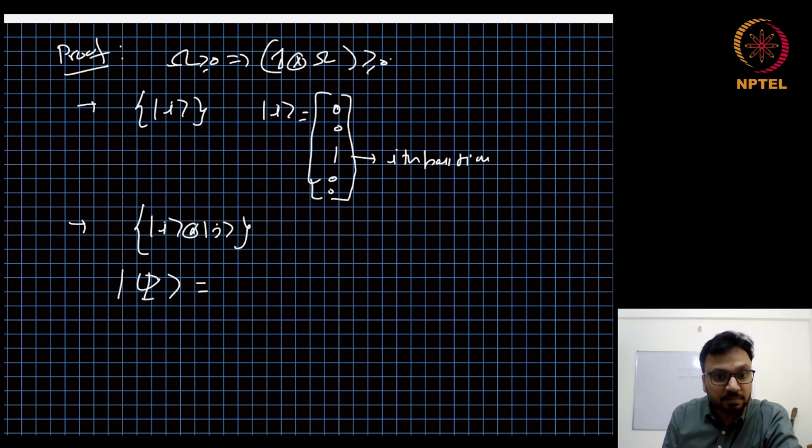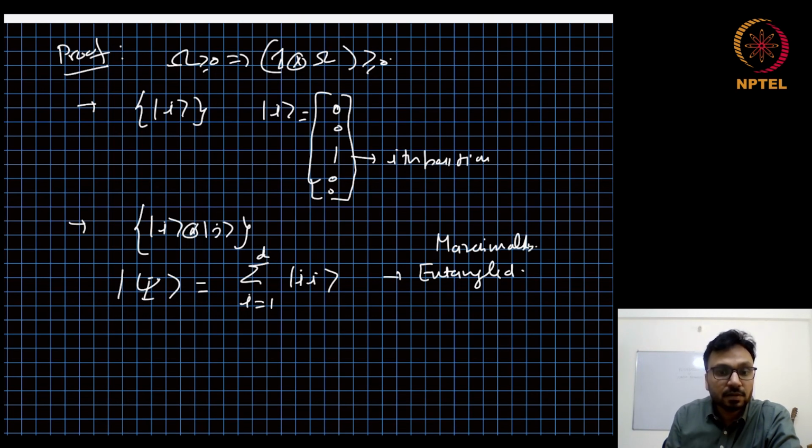For our proof, the normalization does not matter, but we just say we have a vector which is the sum over i from 1 to d of |i> tensor |i>, shorthand |ii>. Later on we will realize that this is an entangled state, unnormalized, or actually maximally entangled state. But for the time being, that's irrelevant.